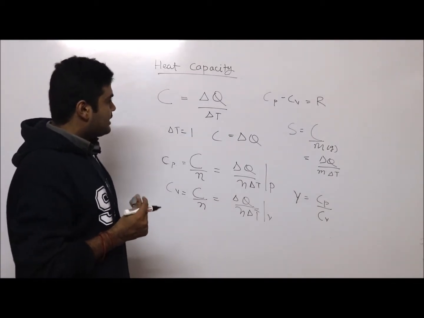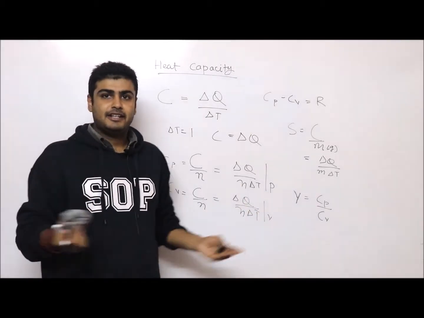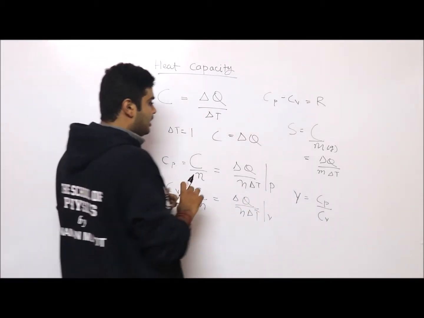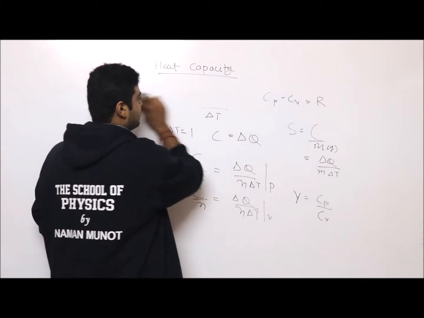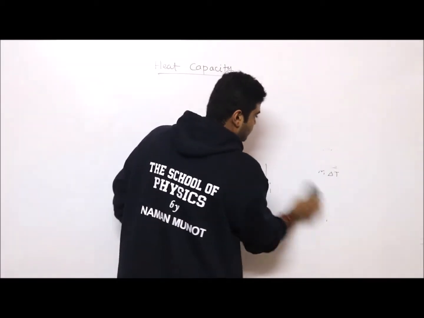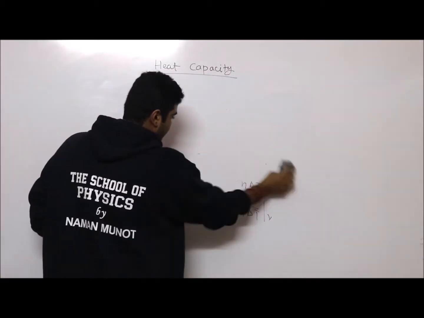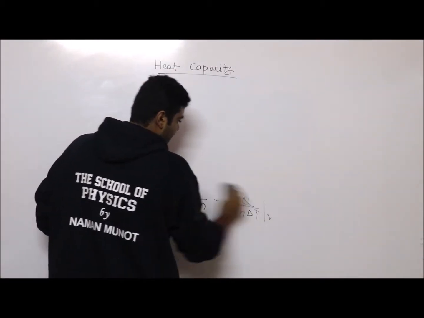Now gamma has one more formula, which takes us to the next part of the chapter, which is kinetic theory of gases. Gamma is a very important thing, you will see it a lot of times.